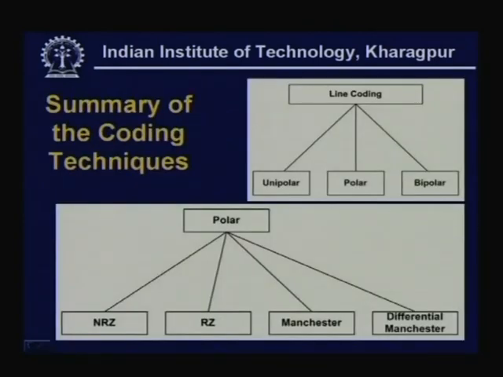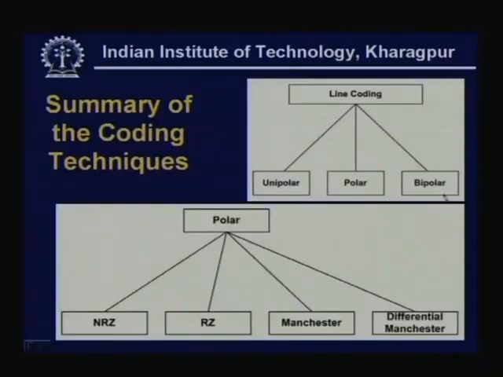Here is a summary of what we discussed in the last lecture. In the last lecture, we started our discussion of transmission of digital signal. Essentially, we discussed various schemes for conversion of digital data to digital signal. As you know, the conversion technique is known as line coding, and they can be classified into three broad categories: unipolar, polar and bipolar.